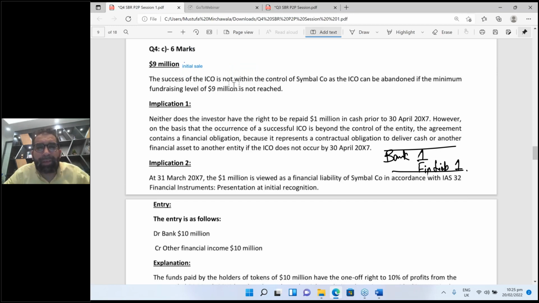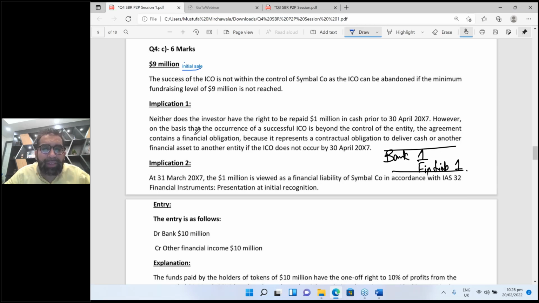Okay, you remember we received some money from the initial sale, guys. So that 1 million is a liability. Now neither does the investor have the right to be repaid 1 million in cash prior to 30th April X7.